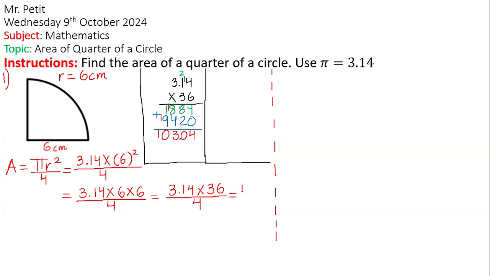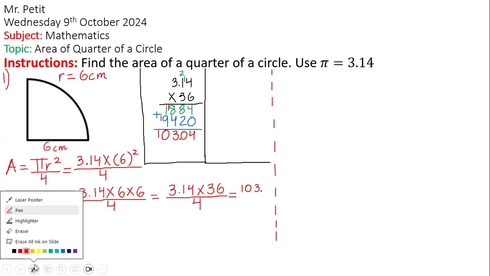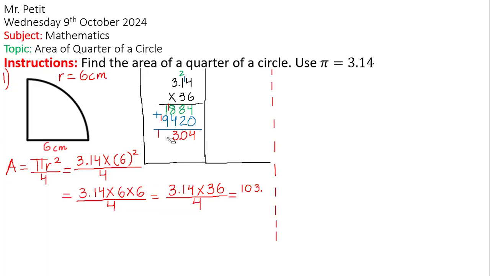I did. I got 113.04 now. I forgot to add the one on top. Yes, you're right.